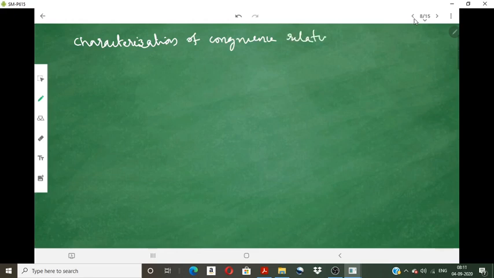Now we give another characterization of the congruence relation. That is theorem 4.3.